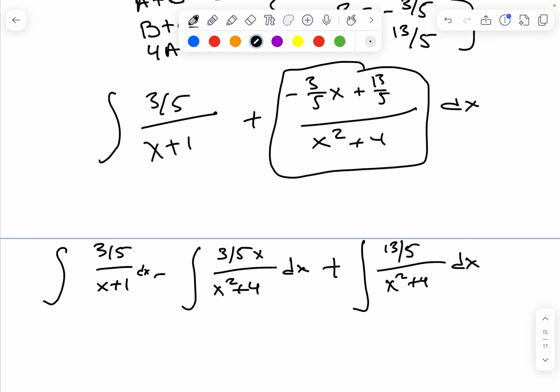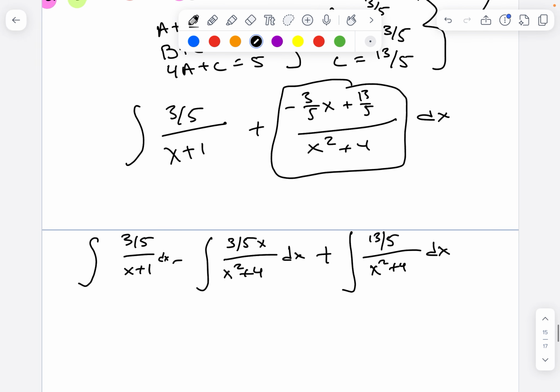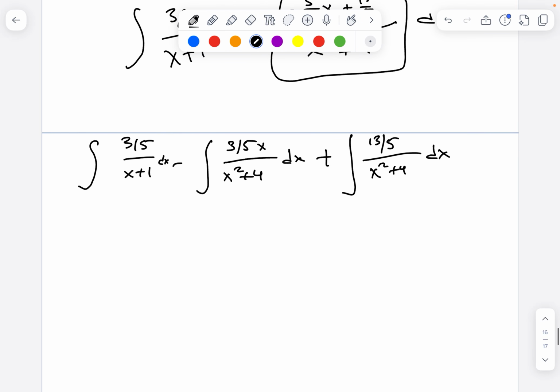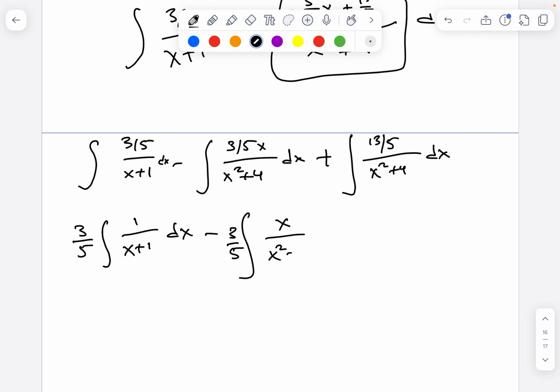So we were able to use our simplified partial fraction decomposition and simplify it even further. I'm going to take all the constants out. So we have 3/5 integral of 1 over x plus 1 dx. That should be a very easy integral for you. Minus 3/5 integral of x over x squared plus 4 dx.